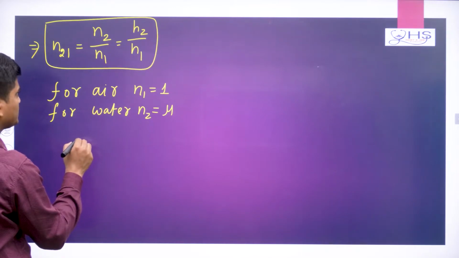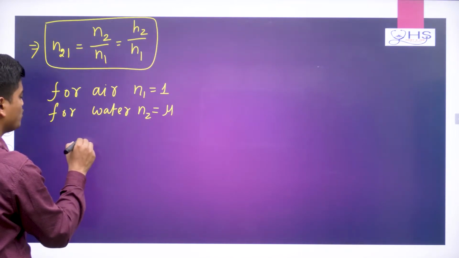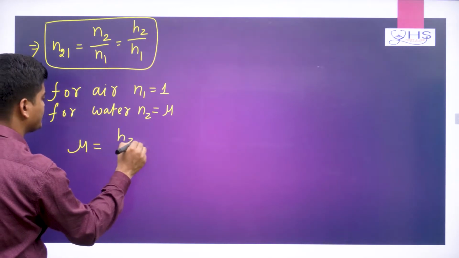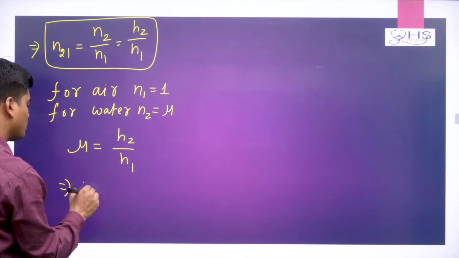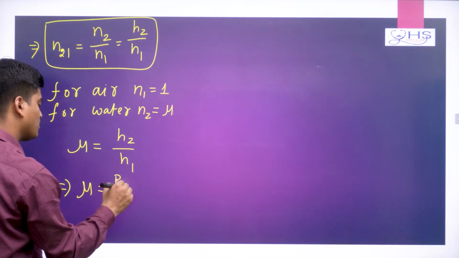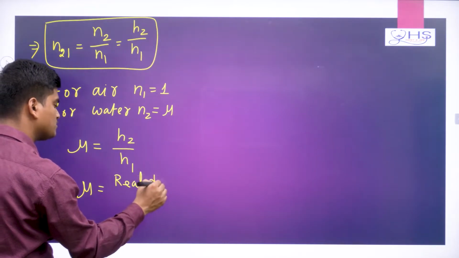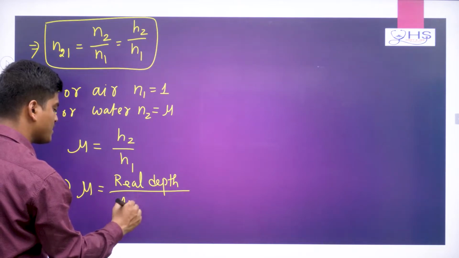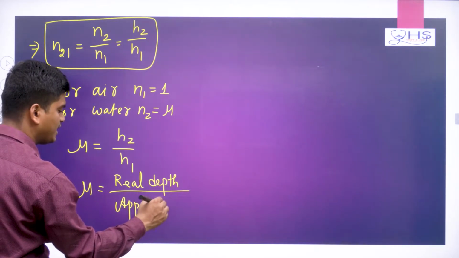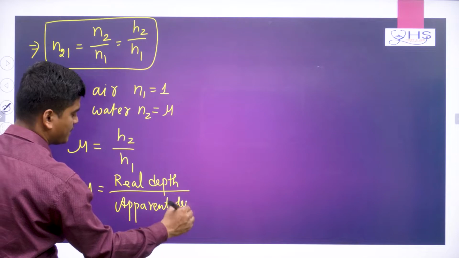Now I can write mu equal to H2 by H1, where H2 is called the real depth. So mu is real depth by apparent depth.